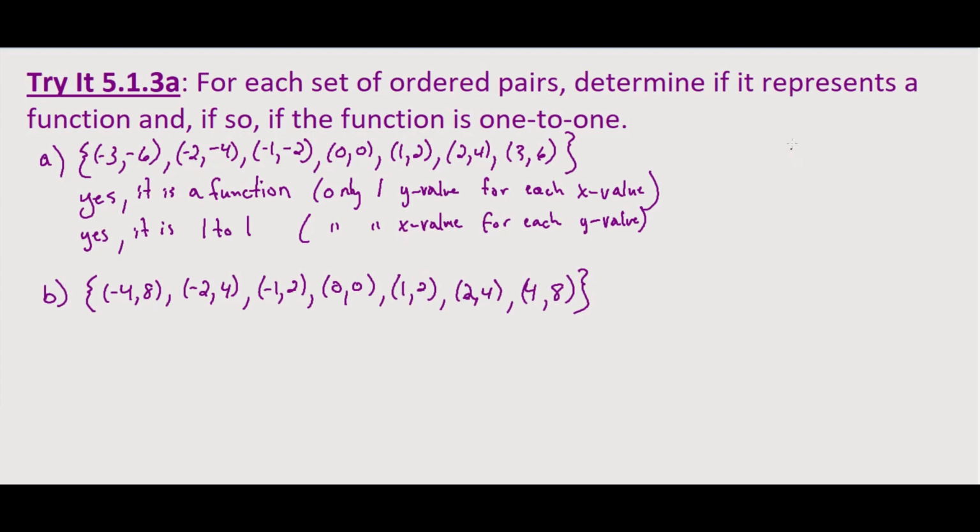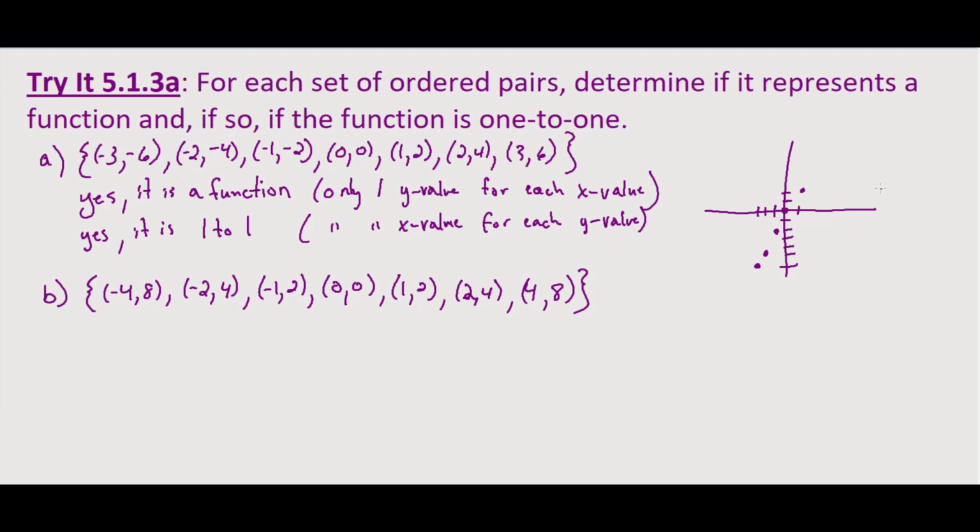Now, if we want to see this visually, let's just plot these points real quick. Just a rough sketch. So (-3, -6), (-2, -4), (-1, -2), (0, 0), (1, 2).